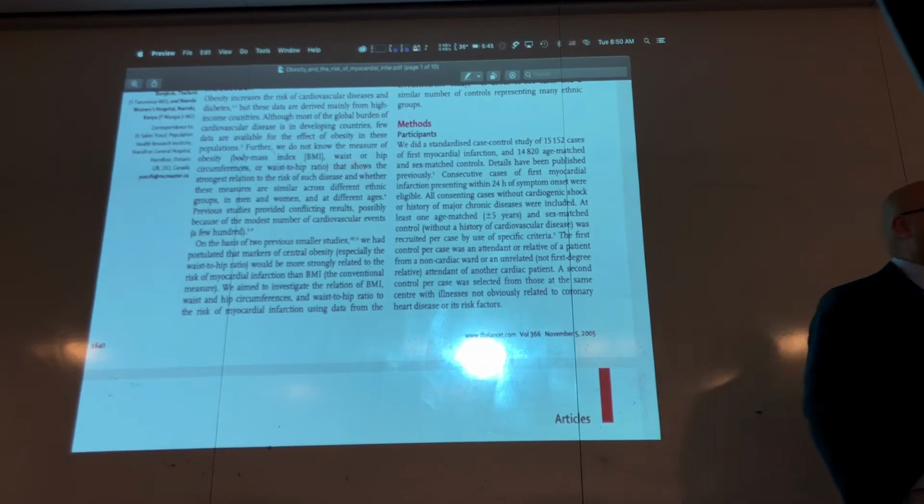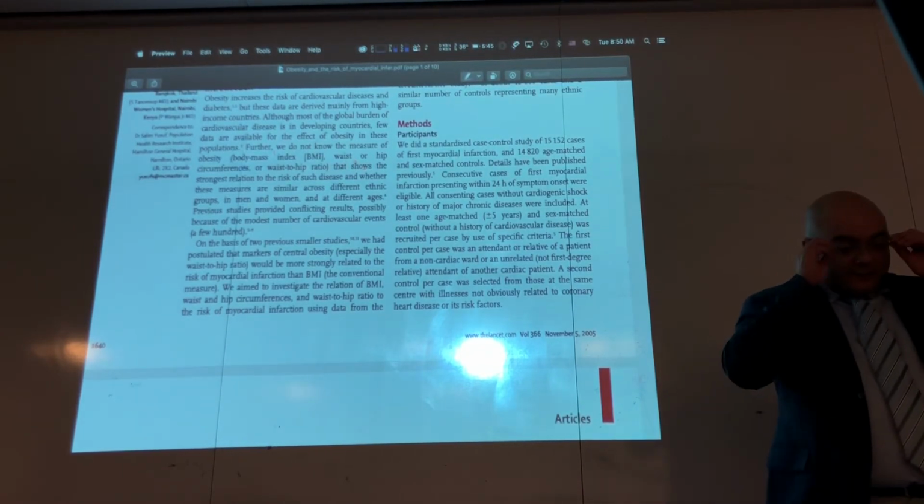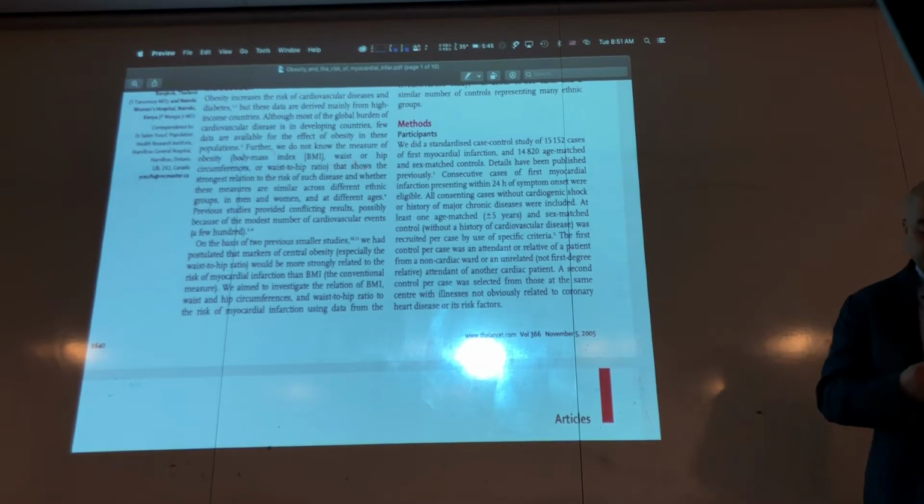In case-control studies, we will take how many controls per case and how you choose a second control later, in the third year, in evidence-based practice. But here you can see you can choose like this, because the more controls you choose per case, the more precise, accurate and representative your study is. So that's why they did that.